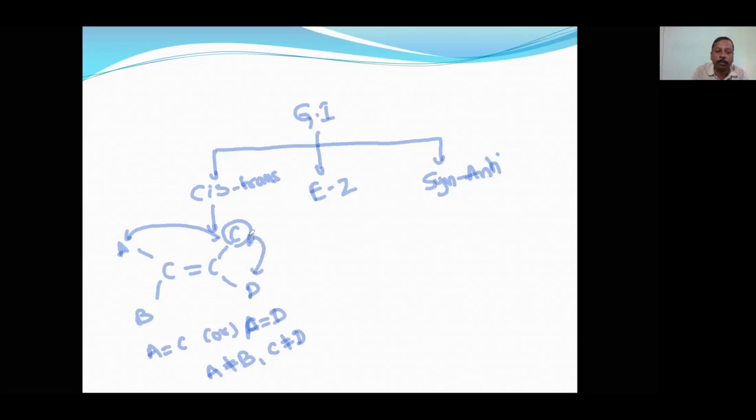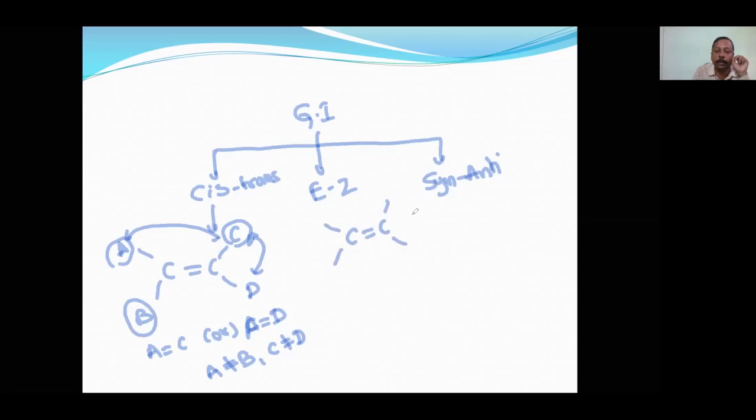If these two groups are the same, then there is no cis-trans isomerism at all. If all four groups are different, then which rules will we use?